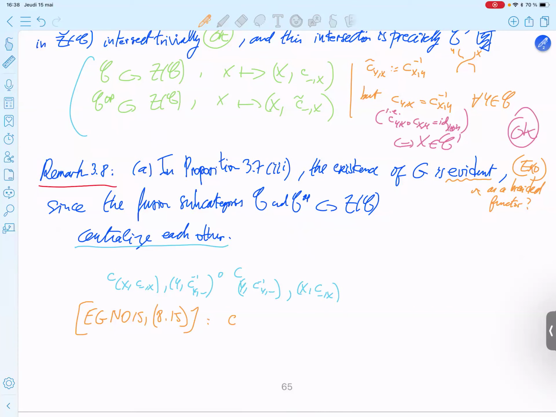In the Drinfeld center, the braiding is defined as follows. You have Z in general with the natural isomorphism gamma, Z prime with gamma prime. What is this braiding?